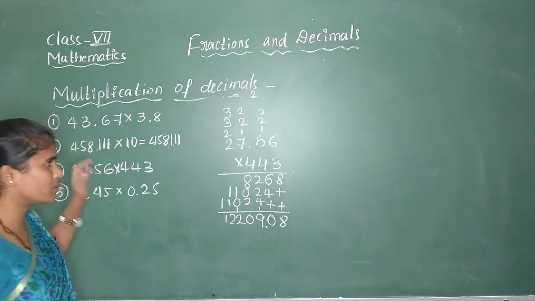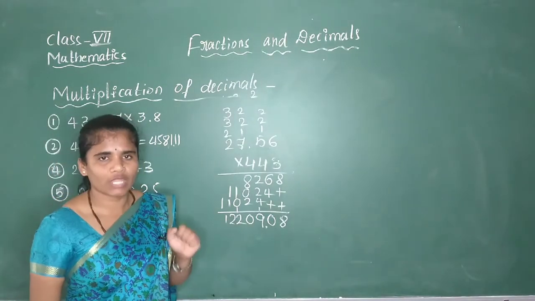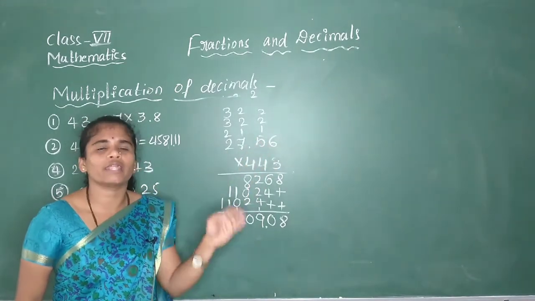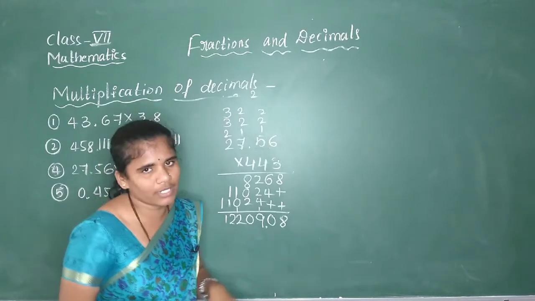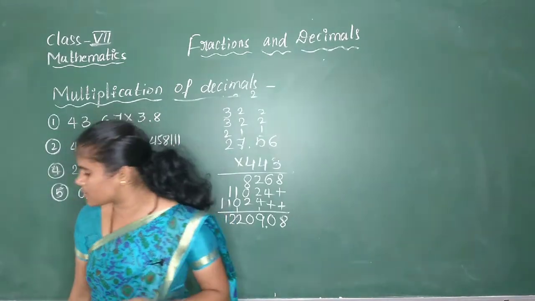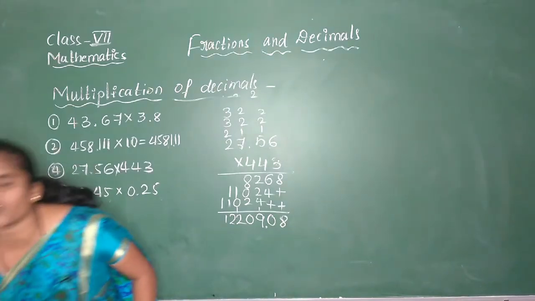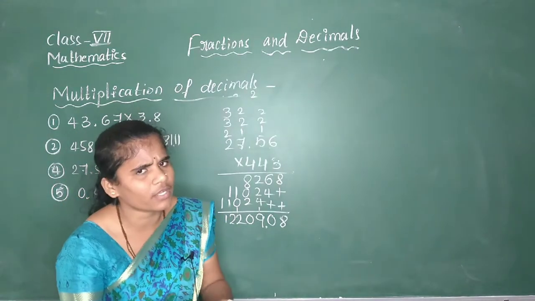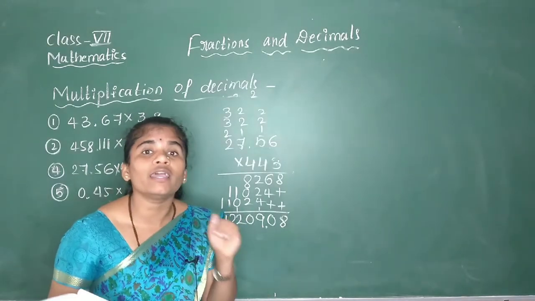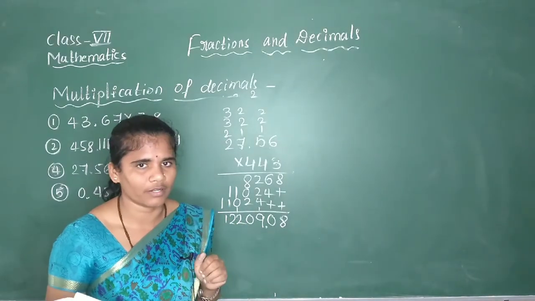Okay, I hope you understood how to multiply the numbers, how to multiply decimal numbers with whole numbers and decimal numbers with decimals. Okay, try to solve exercise 2.5. In exercise 2.5 the first one is very easy, just now I explained. If you did not understand, see once again how I have solved that.